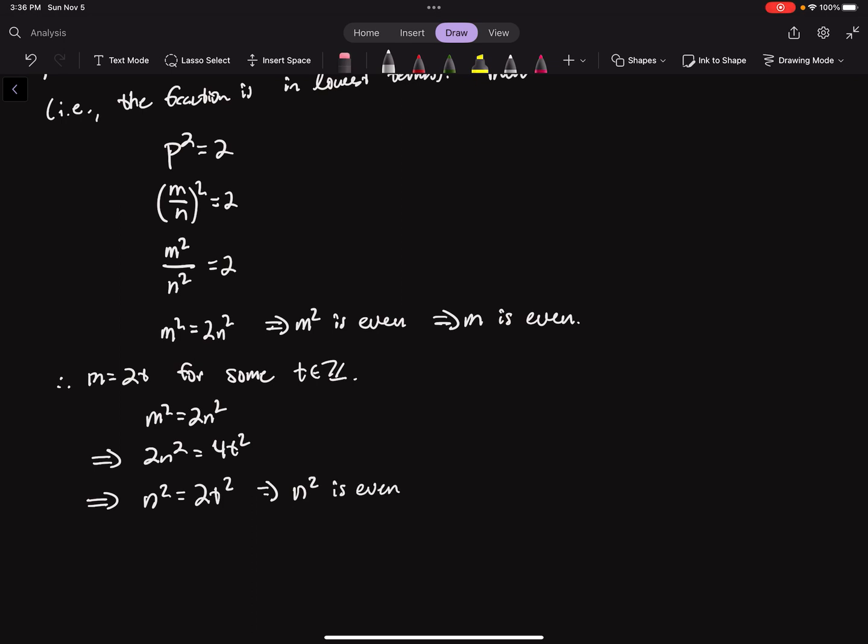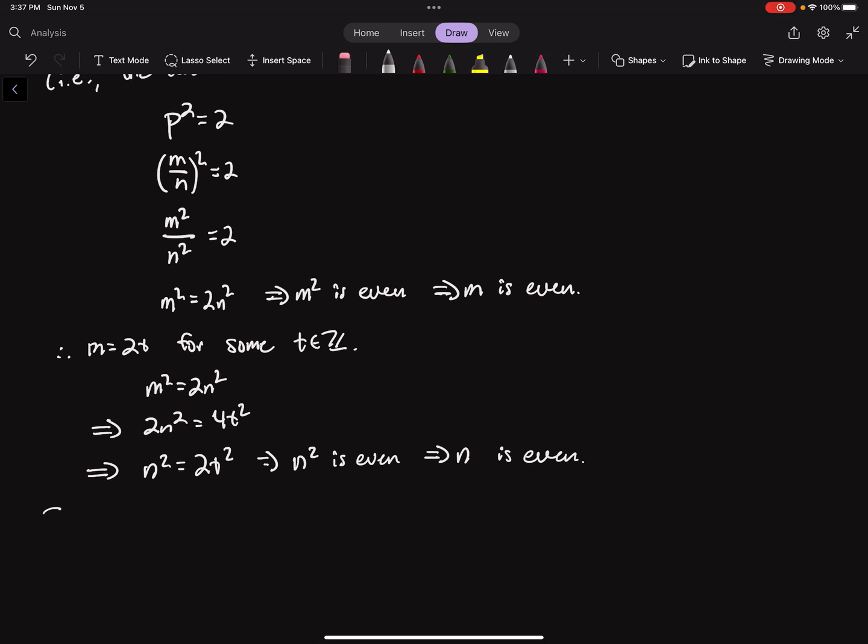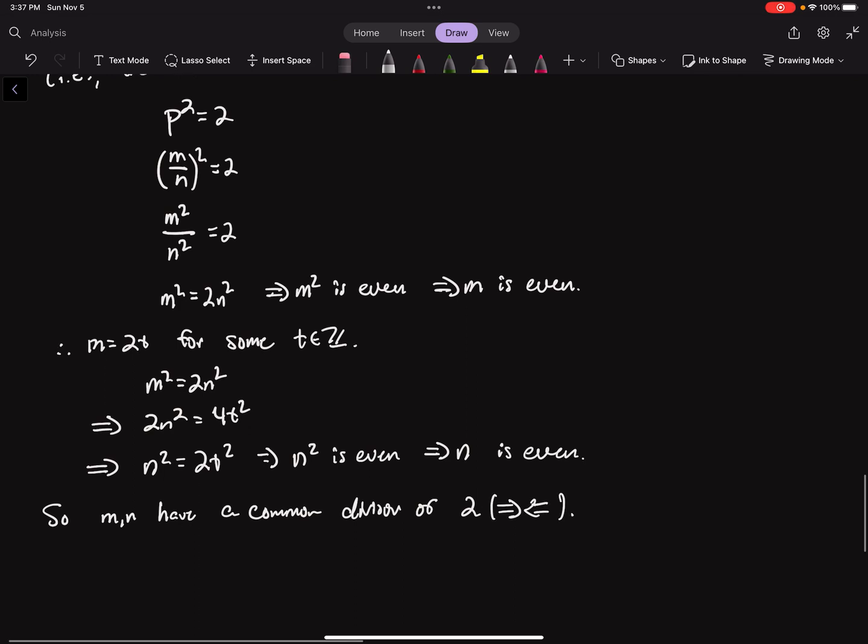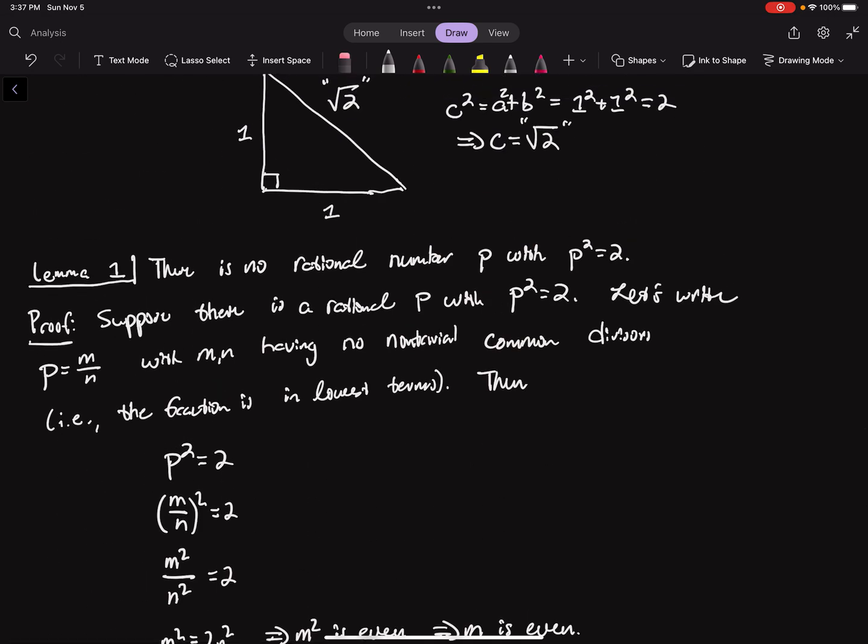But this also forces n to be even. But this is a contradiction. M and n have a common divisor of 2. Which actually contradicts our original assumption. Okay, so we've shown that there is no square root of 2.